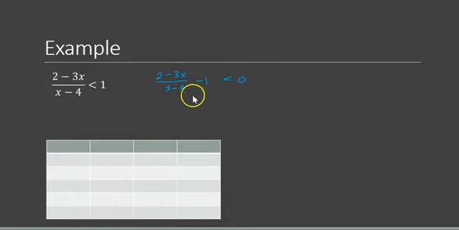That means for this whole expression, we want a negative number. That's why it's easier when you have 0 on the right side, because it's either positive or negative, rather than trying to figure out if you substitute a number here, whether it will become less than 1.